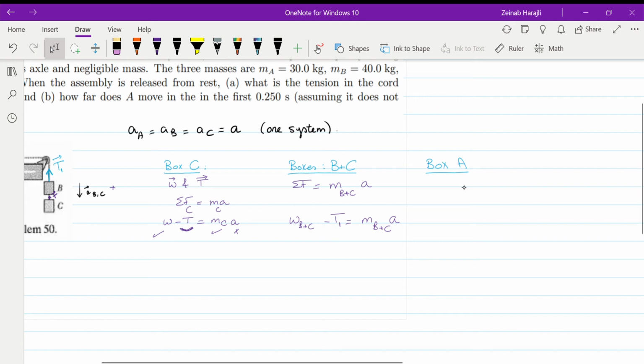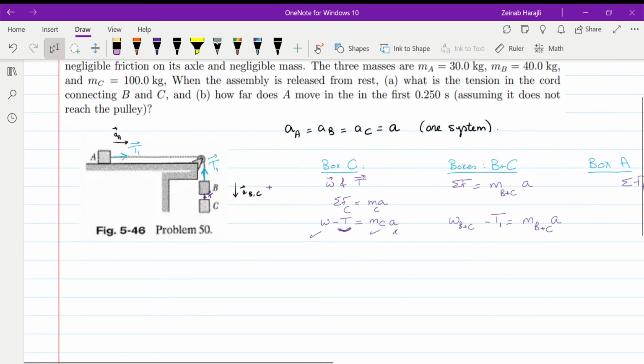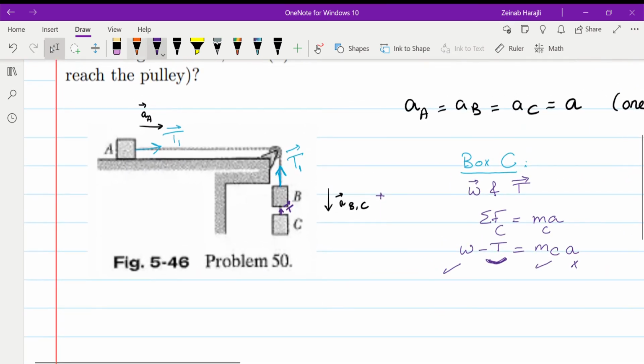So let's consider box A now. The sum of forces at A is equal to the mass of A times the acceleration. Like we said, the acceleration is the same everywhere. For box A, the forces acting on it are this tension here, the weight, and we also have a normal force, unlike the other two boxes. So let's consider the direction first before we apply Newton's law.